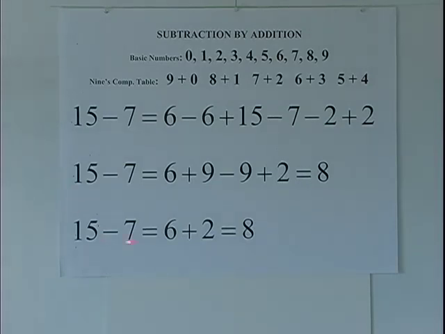So on the basis of one subtraction problem, the algorithm appears to be accurate. 15 minus 7 is equal to 8. We get the correct difference. It appears to be easier because I only did one operation versus 4.